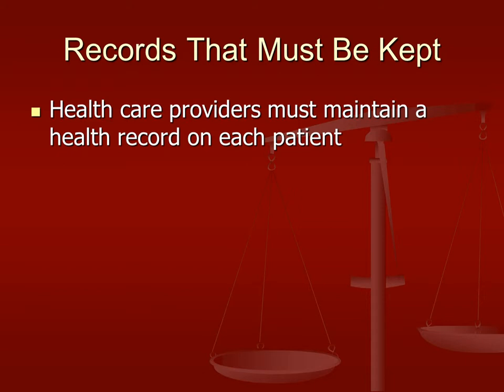Now, first we have to identify what records have to be kept. Through law, accreditation standards, federal law, and state law, there are mandates that healthcare providers have to maintain on every patient. It doesn't matter if it's inpatient or outpatient, there has to be a record kept on everyone.